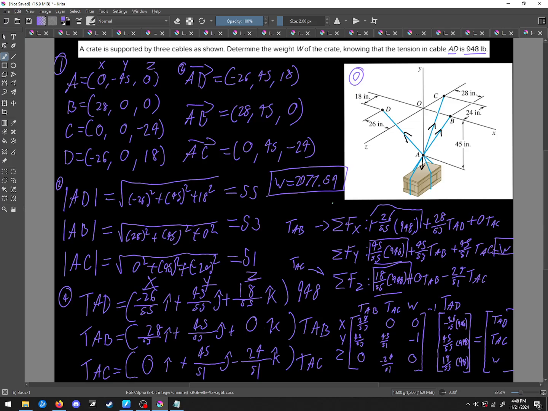Okay, actually, does that change everything? Okay, I got it. This, I didn't have negative in my calculations. Okay, I'm getting it all correct now. 848, 659, and 2077 through the matrix method. Okay, I got it. Wowzer. Okay, there you go. That is how you find W.